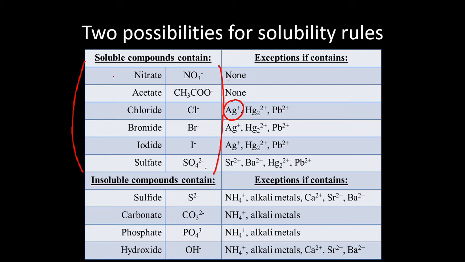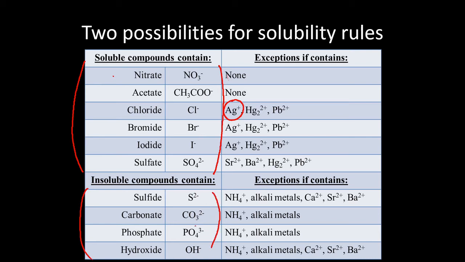And so you can see the rest of these have mostly the same exceptions. So lead and mercury really don't like to dissolve, and silver is kind of, sometimes it doesn't want to and sometimes it's fine dissolving. But these on the top here are generally soluble. The ones on the bottom are generally insoluble.